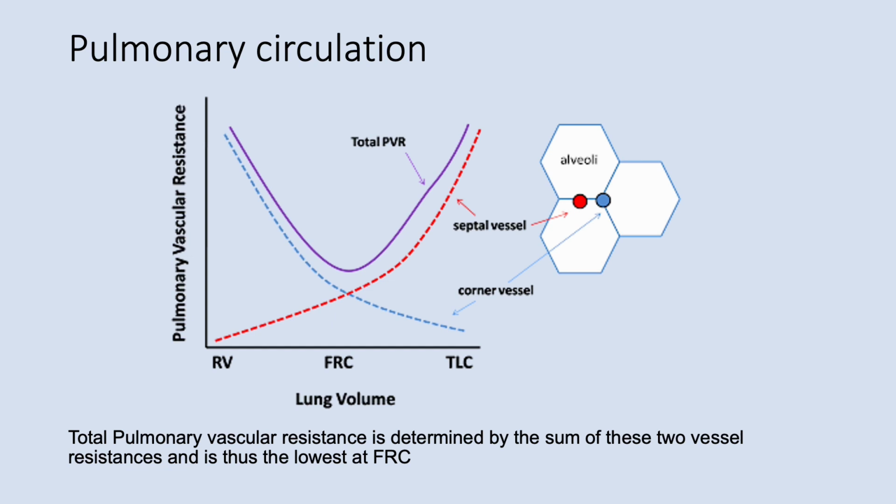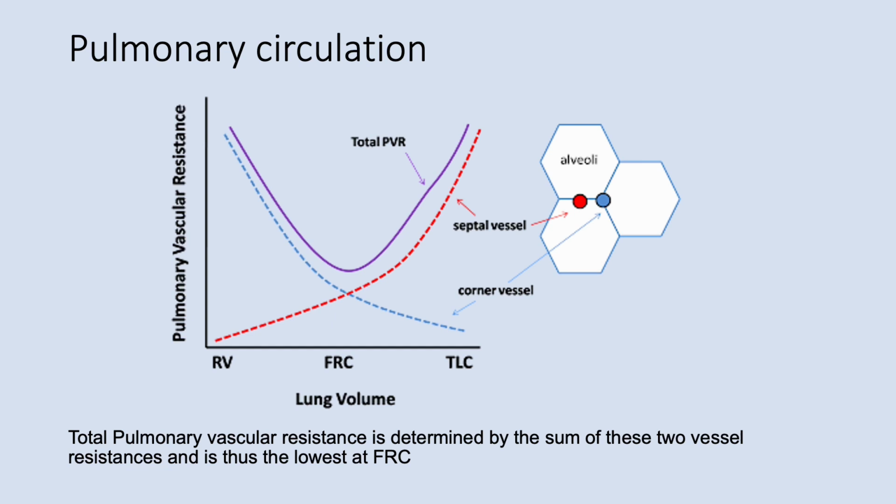The first type we name the septal vessels. The second type is the corner vessels. When you have overstretching of the lung, those septal vessels will be compromised and their resistance will increase.